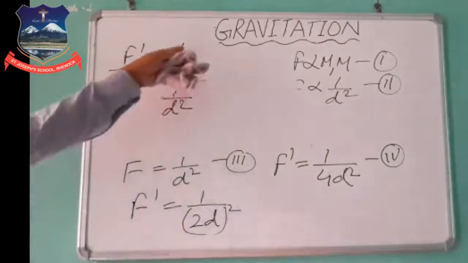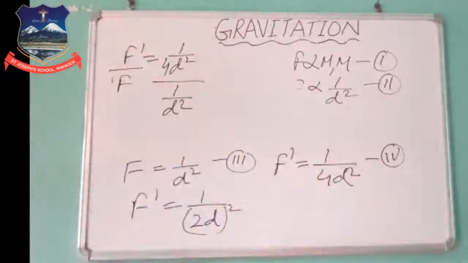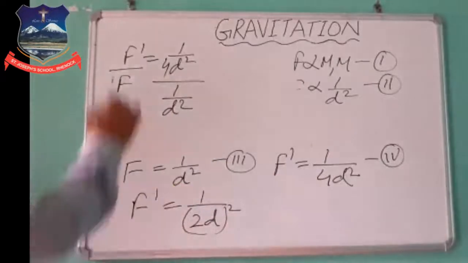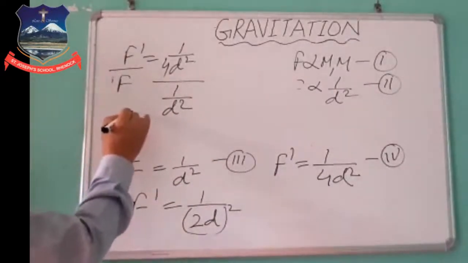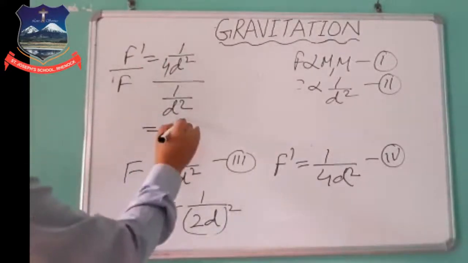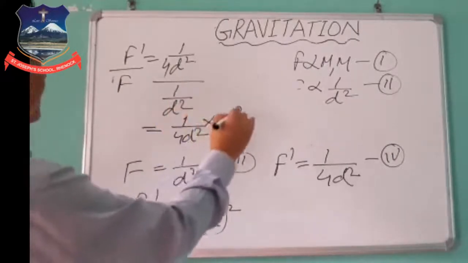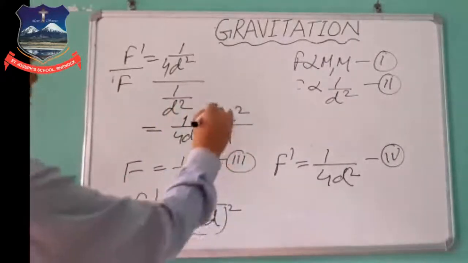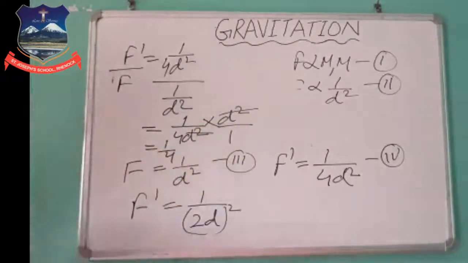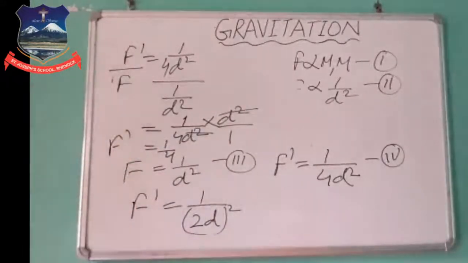When you divide it, 1 upon 4d square into d square goes up, divided by 1. This d square and d square cancel, so it equals 1 by 4. So F dash will become 1 by 4.